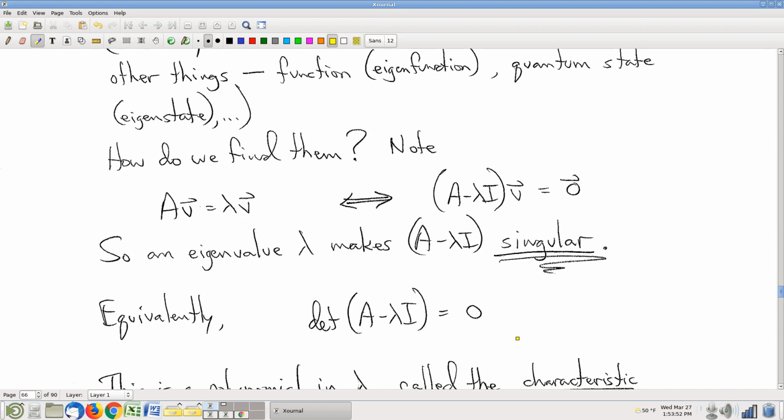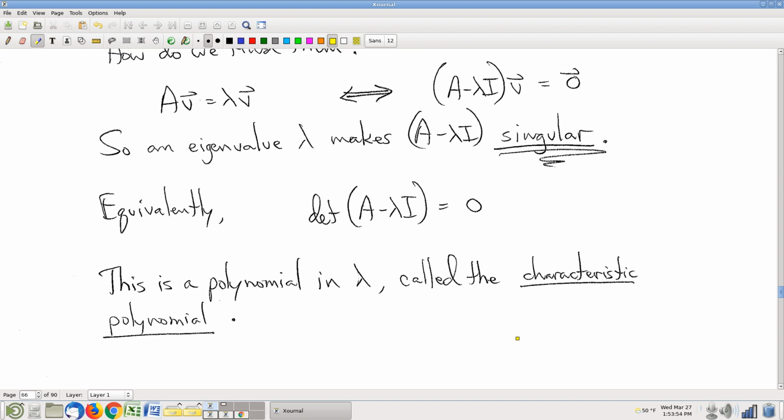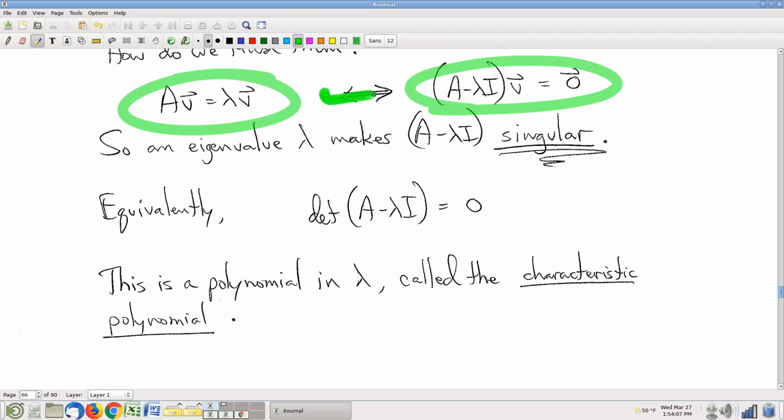Okay. How do you find eigenvectors and eigenvalues? There's a mechanical, algorithmic process, and that is, first notice that this equation we want to solve is equivalent to that equation. The idea is to imagine that I put an identity matrix right in there. And you can see if you subtract that term on the right over to the left, then you have A minus lambda I multiplied by v.